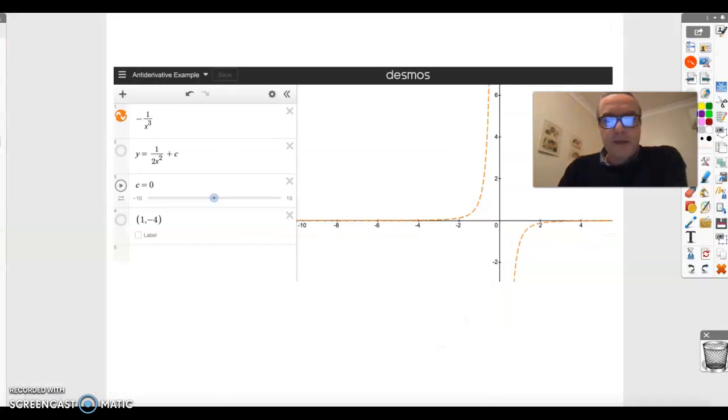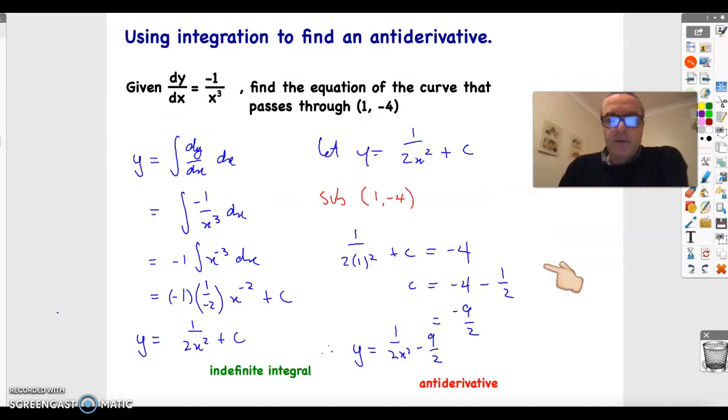So we had a look there at the difference between an expression like this, which is an indefinite integral, and a particular value of c that gives us the antiderivative for a derivative.